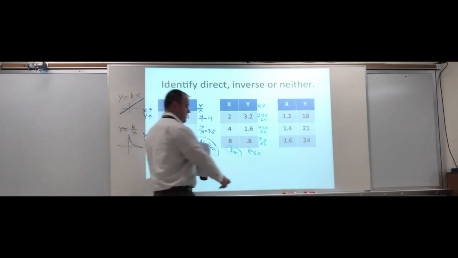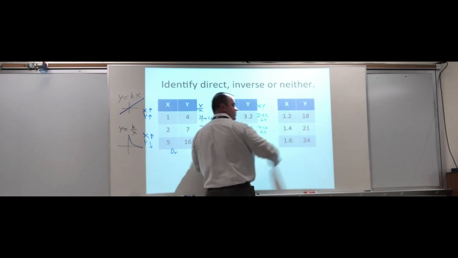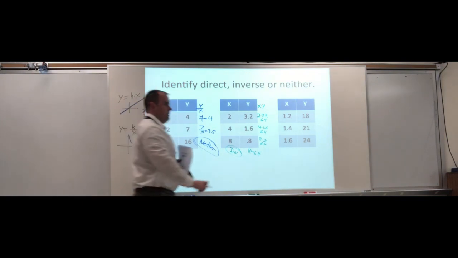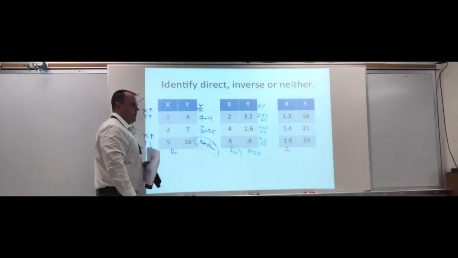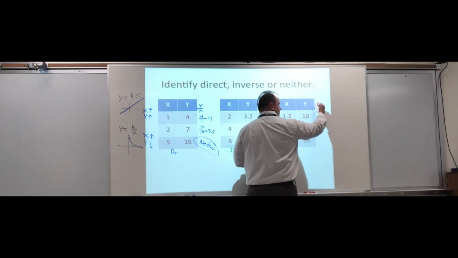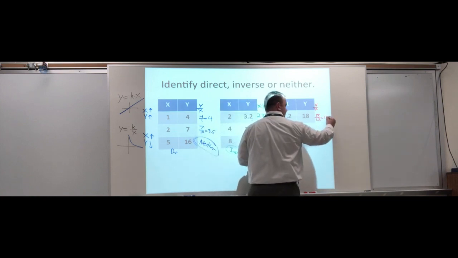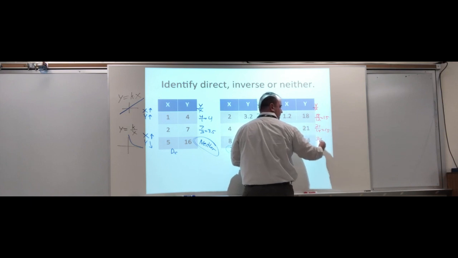And the last one over here, we have x is increasing, 1.2, 1.4, 1.6, and our y is increasing. So since x is increasing and y is increasing, we have direct variation. We're going to check our y divided by x. 18 divided by 1.2 is 15. 21 divided by 1.4 is 15. 24 divided by 1.6 is 15.